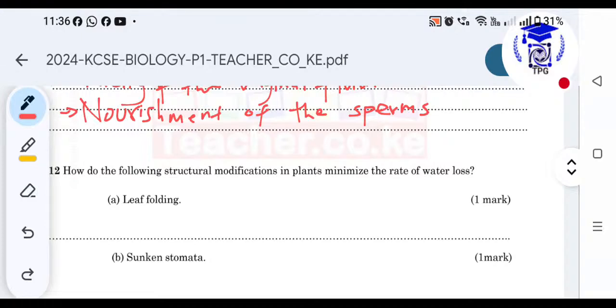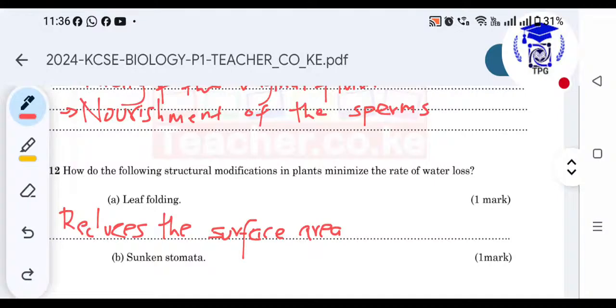What leaf folding does is that it reduces the surface area exposed.